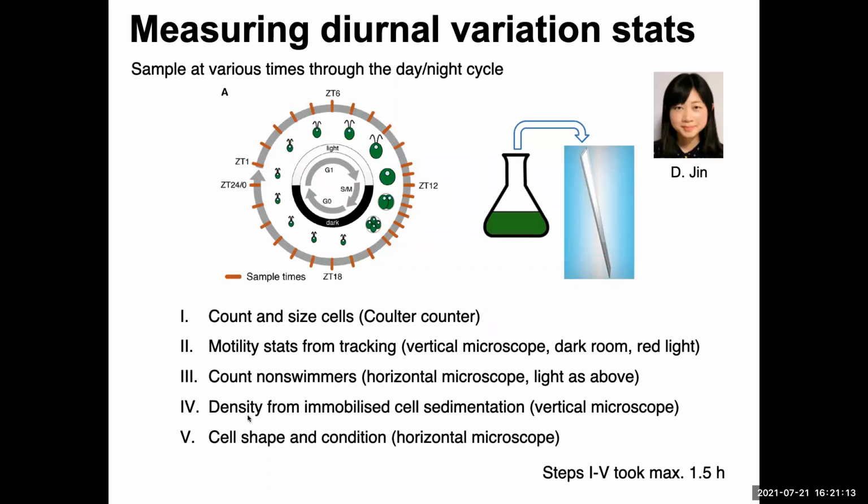She inferred the density of the cells from the sedimentation of immobilized cells, and she also assessed the cell shape and condition. All these steps were done for different points in the day-night cycle, and they took maximum 1.5 hours.